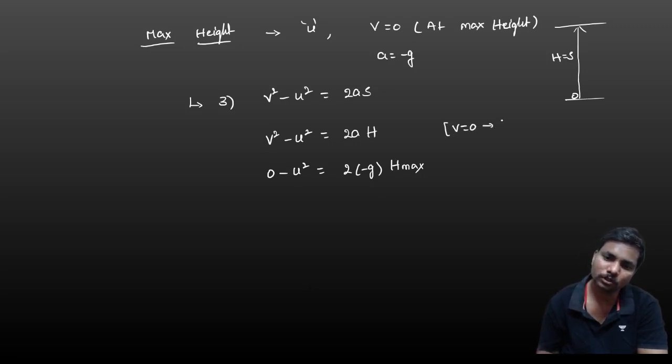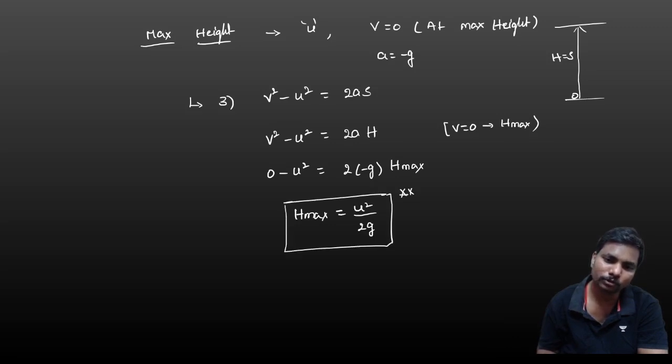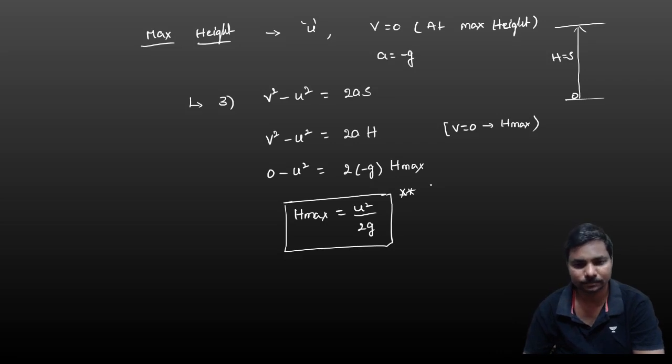Minus and minus cancel out, so h max is equal to u square by 2g. Very important maximum height formula: h max is equal to u square by 2g.